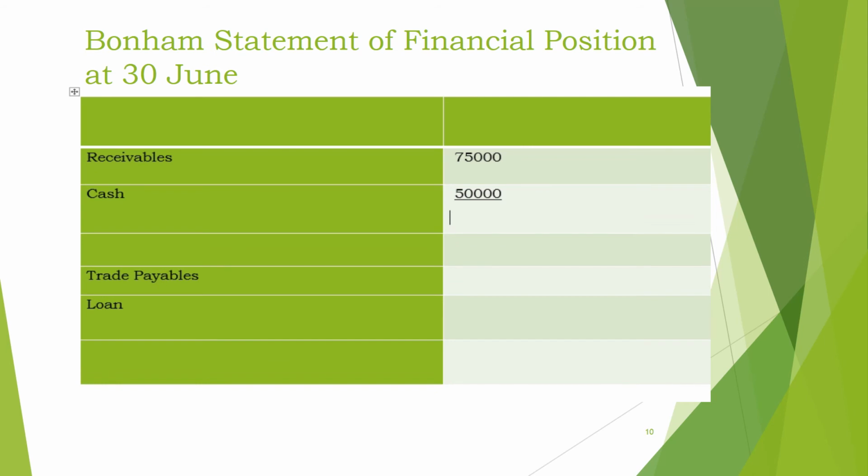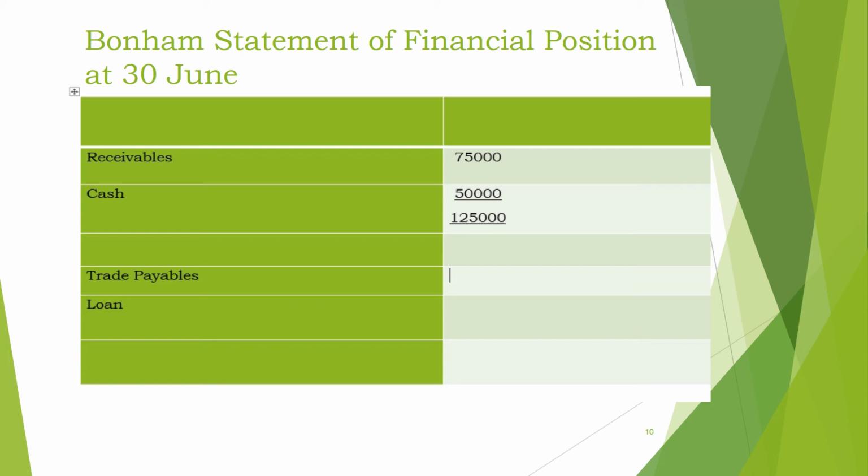The total is 125,000, which is 75,000 plus 50,000. Right, you have your trade payables.